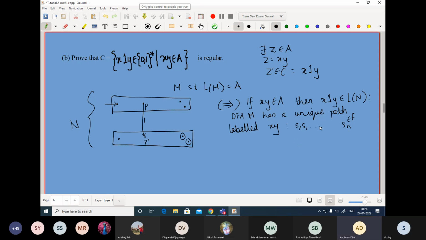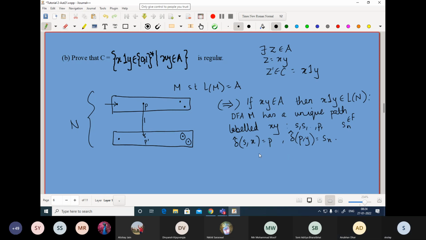Ma'am, this path can be broken down, so there is a P somewhere. Yes, ma'am. So let's say P equals SM. So I think this is what you're trying to say: delta of S, x is equal to P. Yes, ma'am. And then delta hat of P, y is equal to Sn. Yes, ma'am.